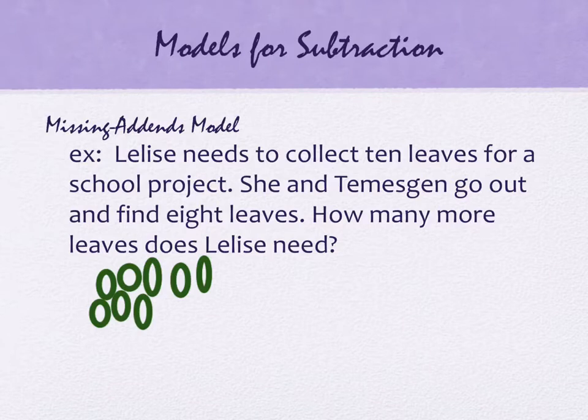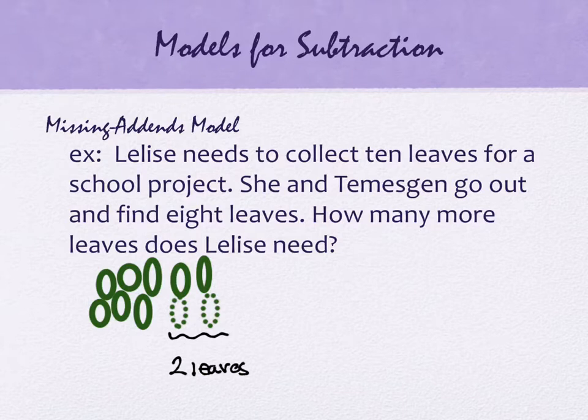And for the 2 that are missing, because it is 2 that are missing to get up to the right number, I'm going to draw them dotted. Those 2 dotted ones are the ones I don't have but I need. So my answer is the dotted ones. I'm missing 2 leaves.